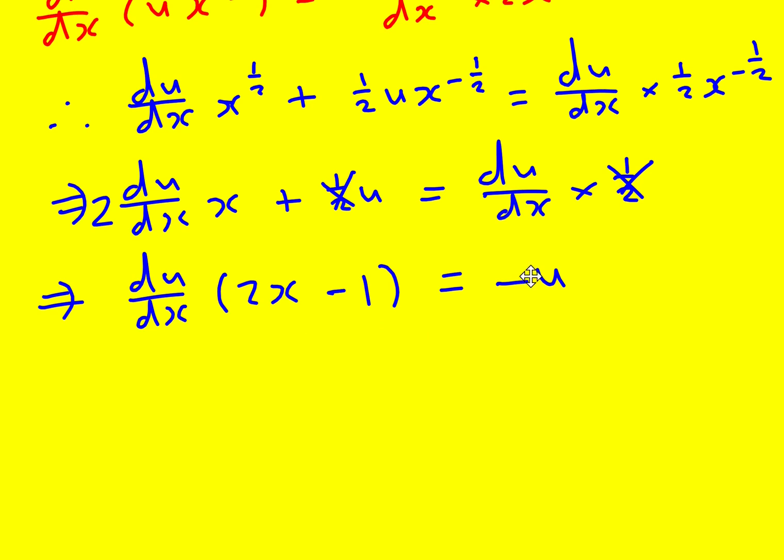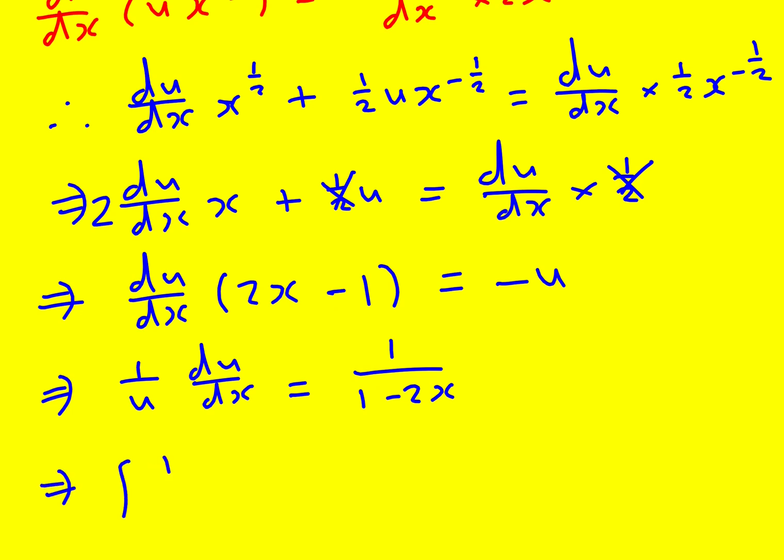So I'm going to divide through by u, and then divide through by 2x minus 1. Because there's a minus there, it's going to be 1 over 1 minus 2x. I can flip it round.